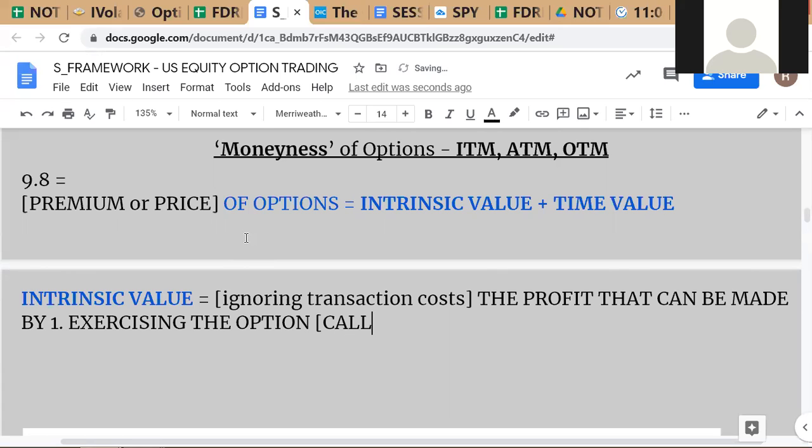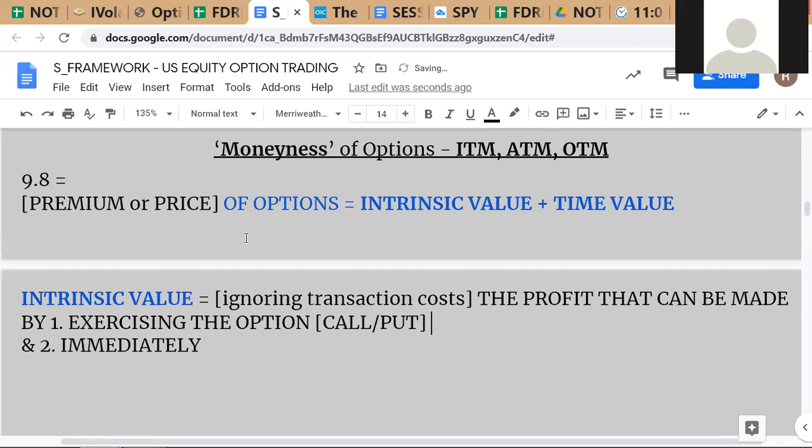The option can be call or put. Let me make it much clearer so that you have the concept of exercising once again here. When you exercise the option, what happens?